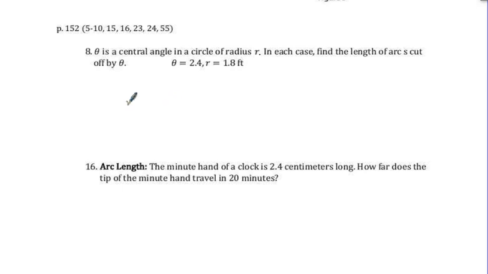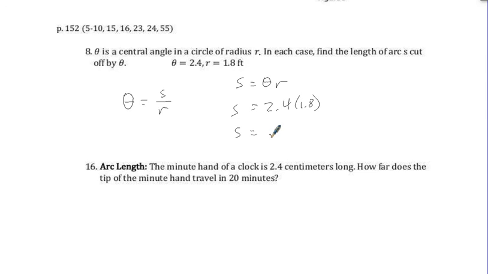Now, you may remember the specific formula to find the arc length, but if not, and you remember the angle was the arc length divided by the radius, we could multiply both sides of this by r and find that the arc length equals theta times the radius. So since we're given the angle and we're given the radius and our angle is given in radians, that's important. Notice there's no degree symbol so that we know that it's in radians. 2.4 times 1.8 feet is going to be the arc length.